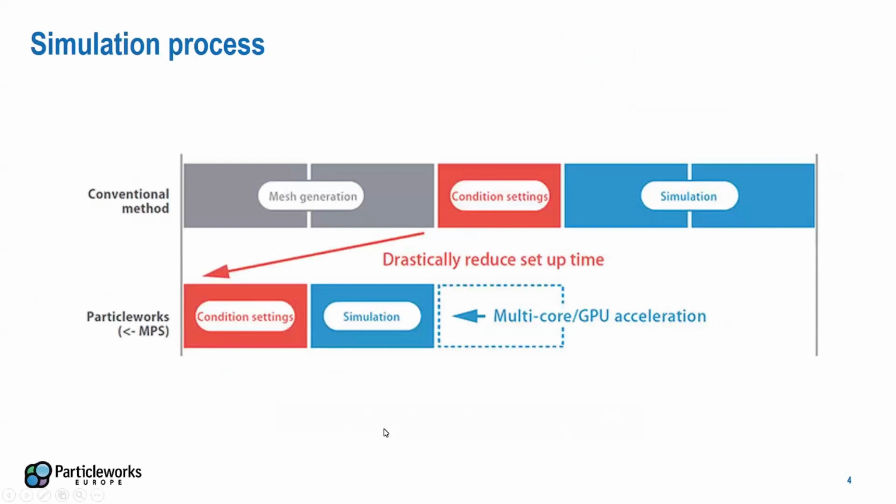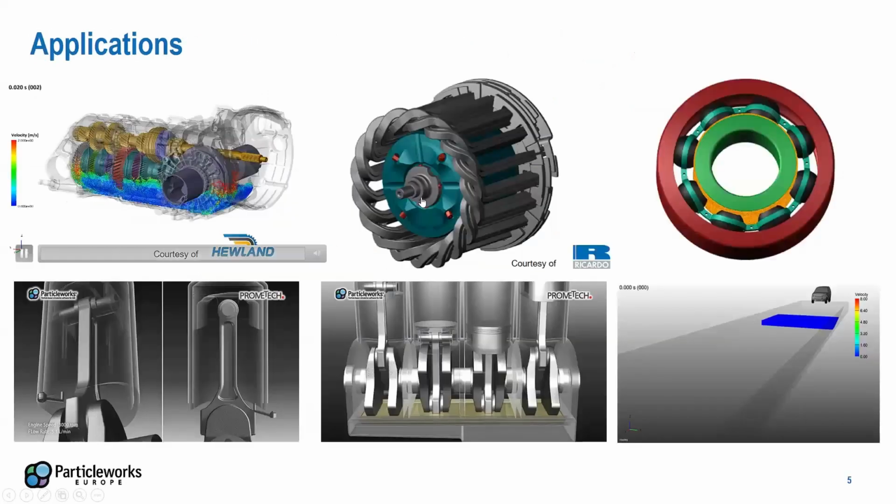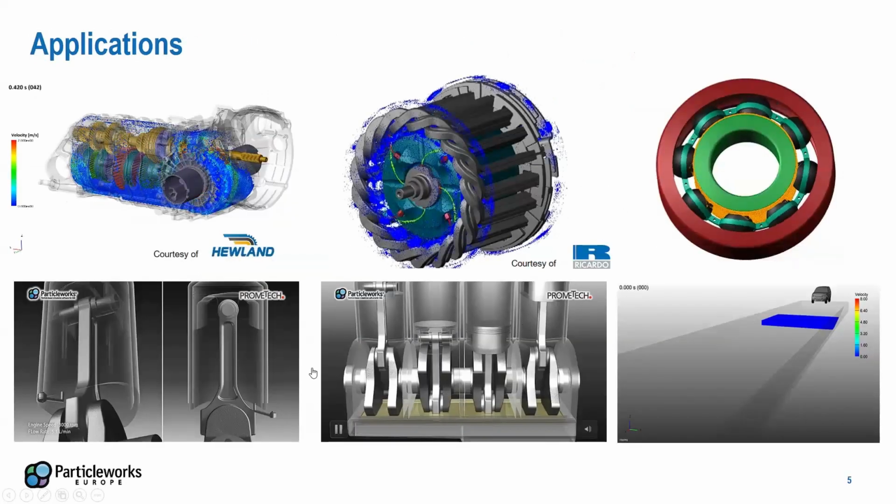In general, as you can see here, the workflow with moving particle simulation compared to mesh-based CFD is faster. Usually, we move from 1 week to 1 day of workflow for specific types of flow, like this one that we see here.